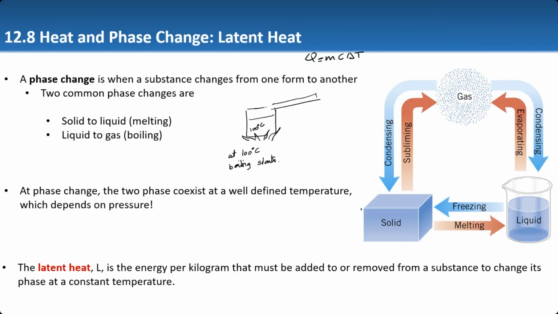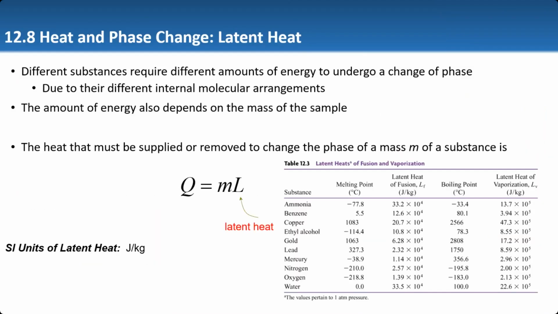So here there's a certain amount of energy that is needed to obtain the phase change. Namely, if I have, let's say, a cup of water and I bring it to boil, I will still need a certain amount of energy to vaporize all of that water. So to vaporize the water, you will need Q equals M times L. This is the amount of heat needed to completely vaporize a mass M of water.